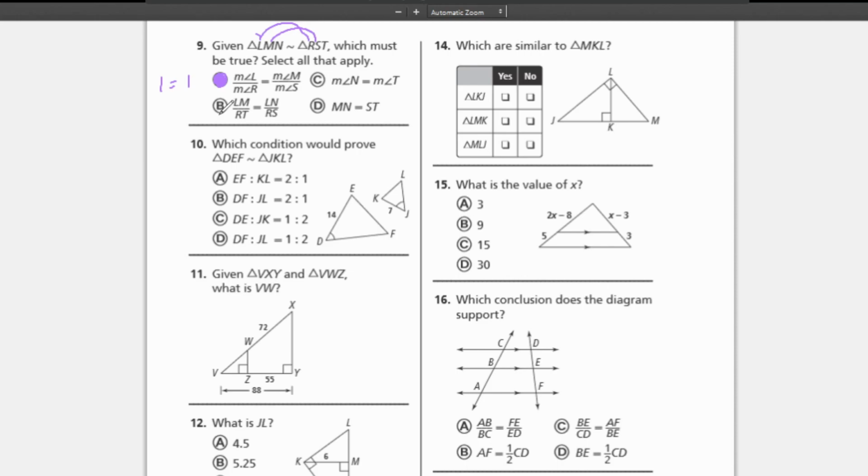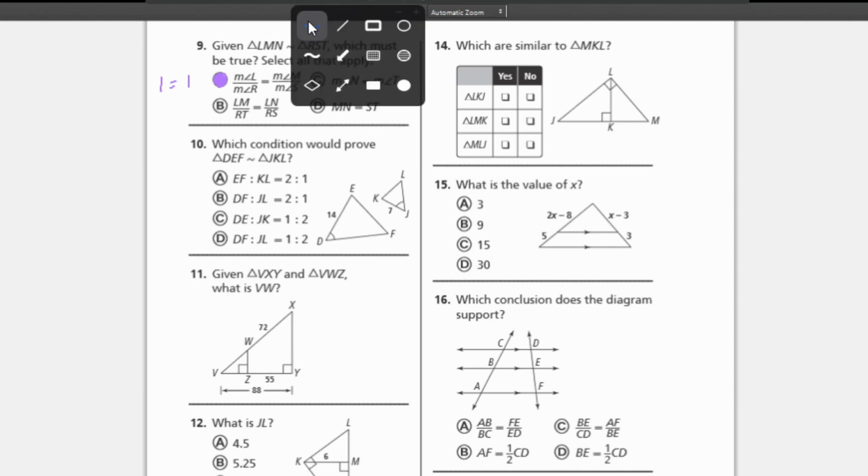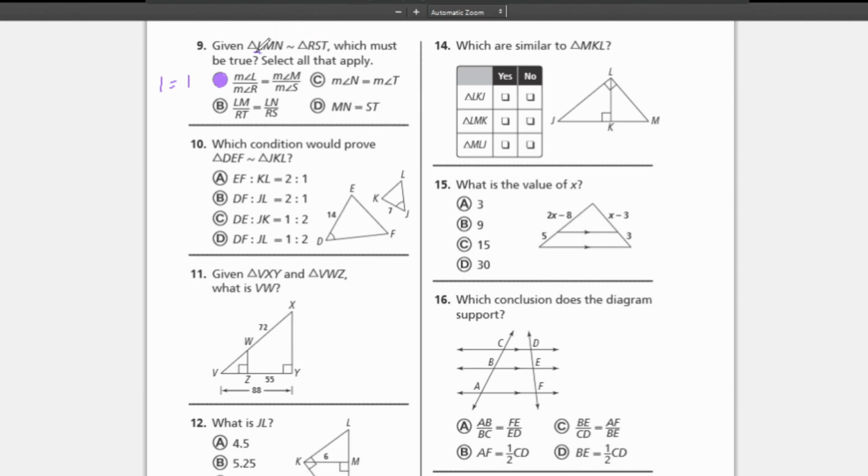Let's look at B now. LM over RT, well, let's see how those correspond to each other. LM is here, but look, RT is this bridge, right? The T goes back to the R. Since I can't underline them consecutively, this can't possibly be right. These are different parts of the triangle.